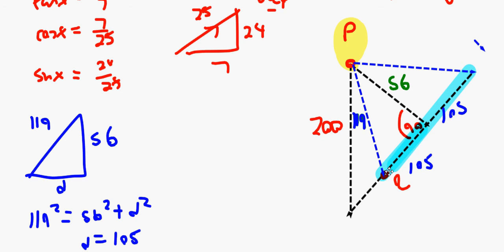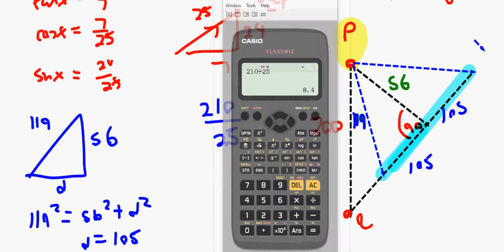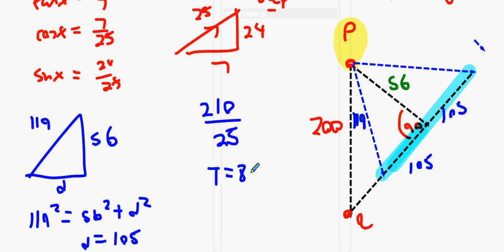It's 119 kilometers away, then 56 kilometers away, and then back to 119 kilometers away. So it's traveling along this line relative to P. That means it travels an entire distance of 210, and as discussed earlier, it's going at a speed of 25. 210 divided by 25 is 8.4, which is exactly the time we need. T equals 8.4 hours. Okay guys, that's it.